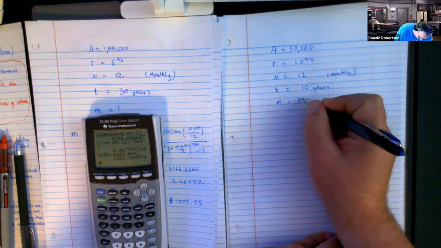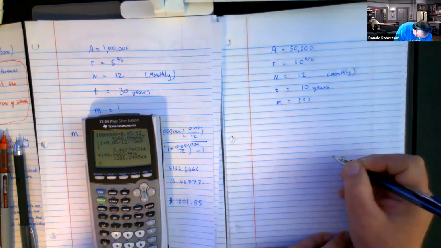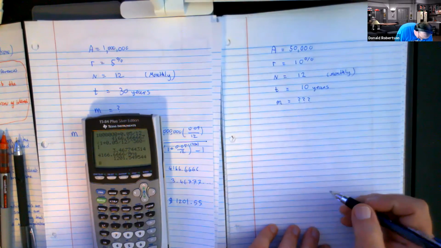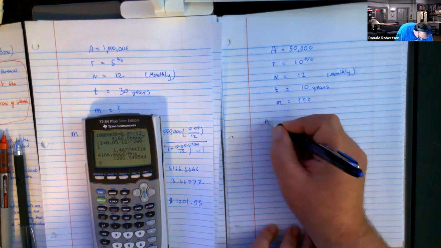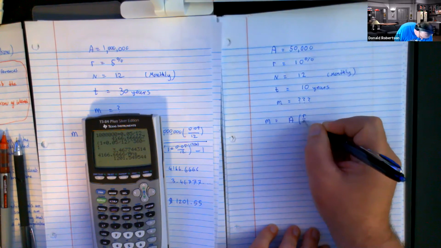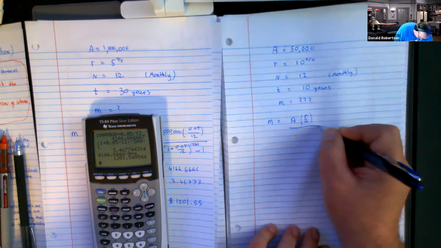M is how much you pay a month for that entire 10 years so that you'll end up with 50,000. So I like writing down this ugly formula. It helps to kind of get it stuck in your head, even if you don't need to memorize it, which you don't.